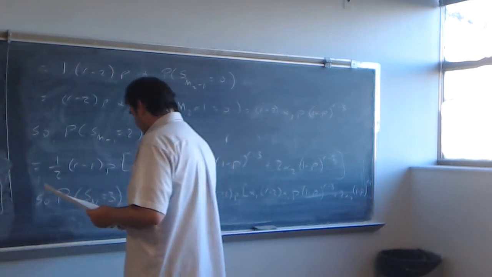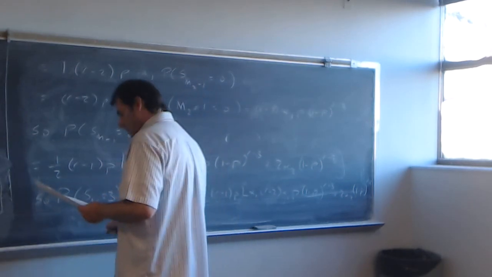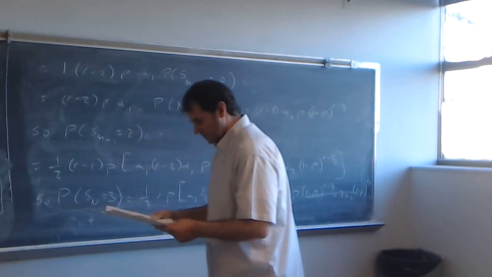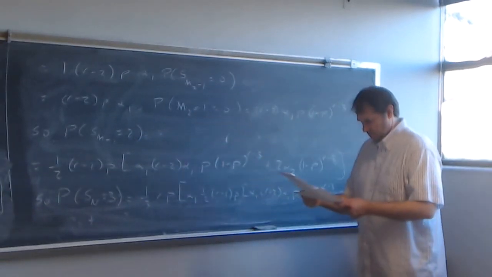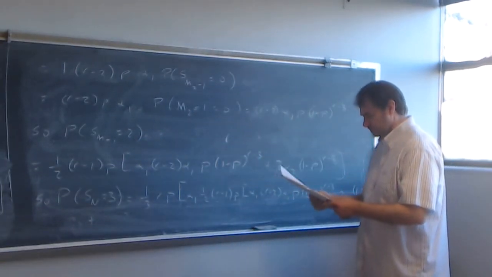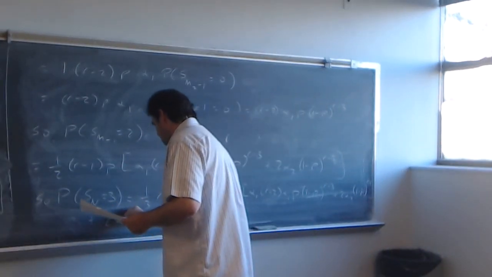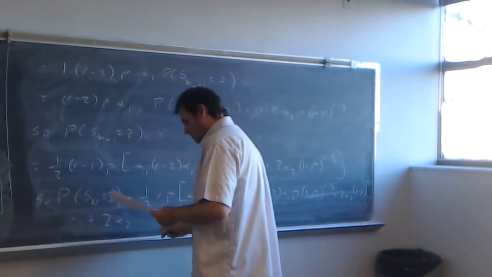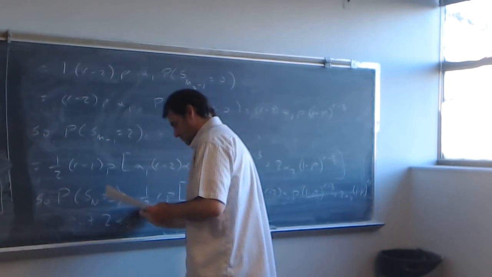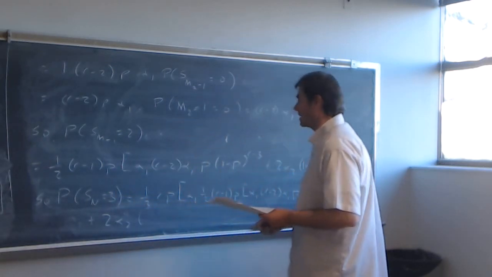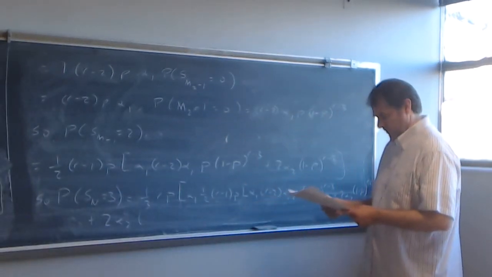And then plus, all right, so let me back up. It's 2 alpha sub 2, so I'll write down 2 alpha sub 2 times the probability that S of m minus 1 is equal to 1. We did that.